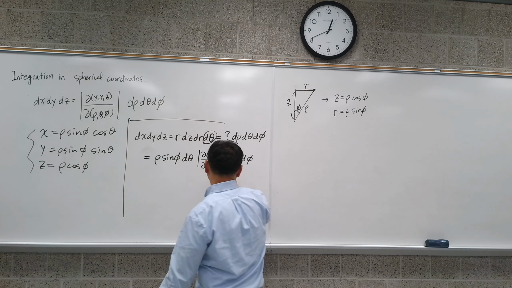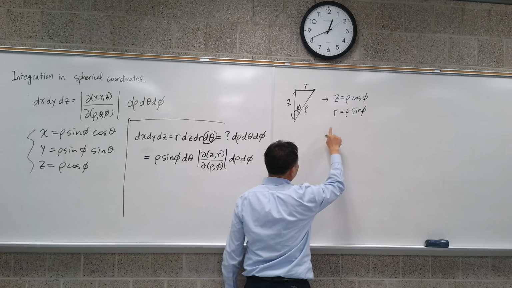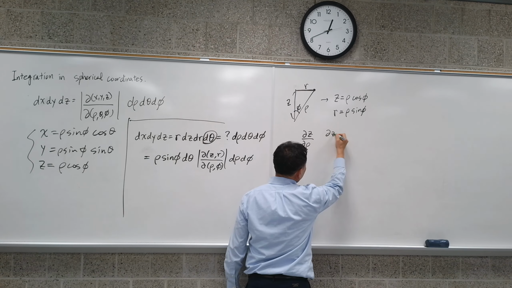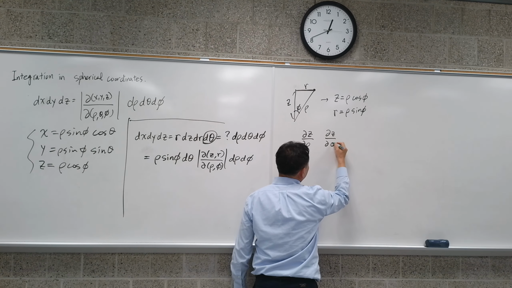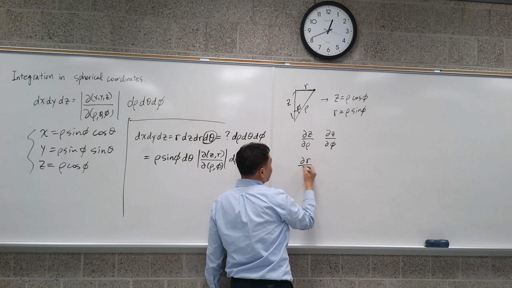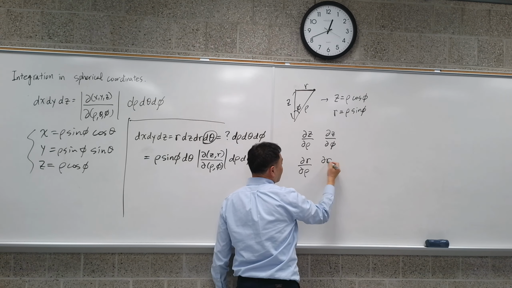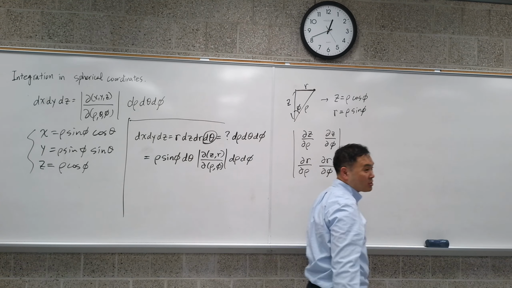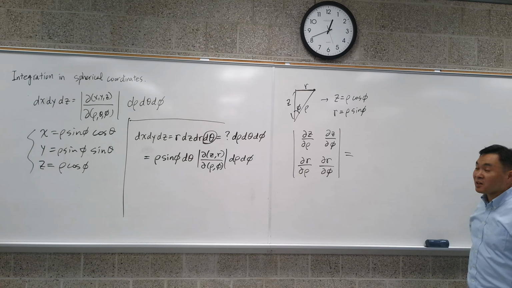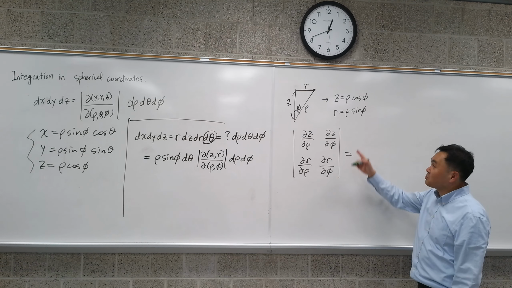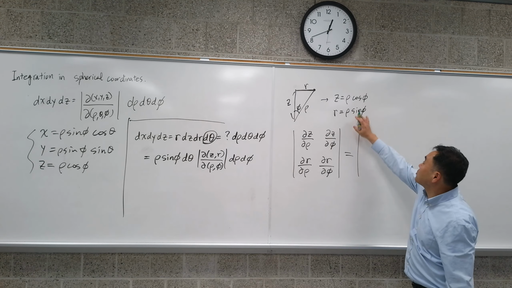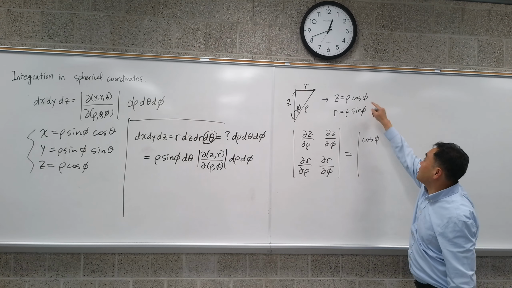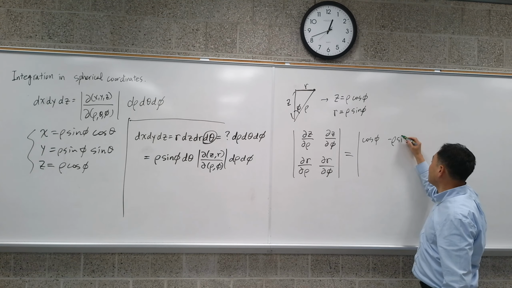Now you can just write down all the possible derivatives. So you differentiate z by rho, differentiate z by phi, differentiate r by rho, differentiate r by phi, and take the determinant. Let's see what happens. This is essentially the same exact calculation as we've done before. So if you differentiate this by rho, you get cosine phi. If you differentiate this by phi, it's negative rho sine phi.